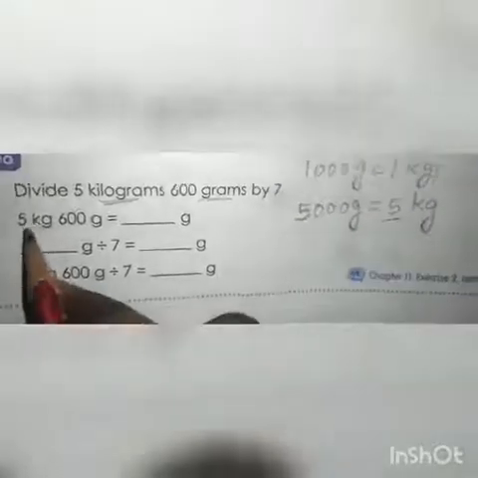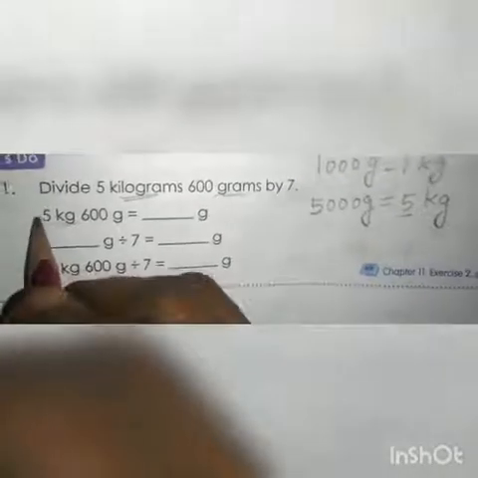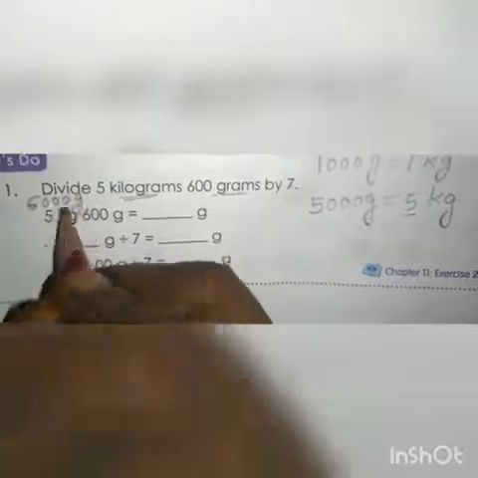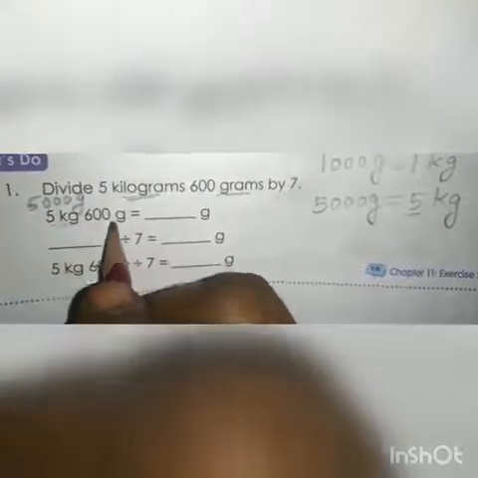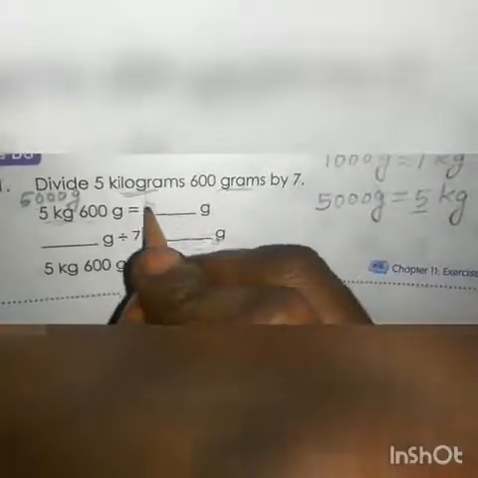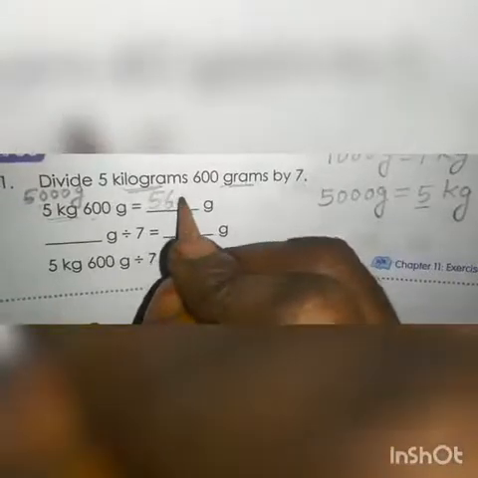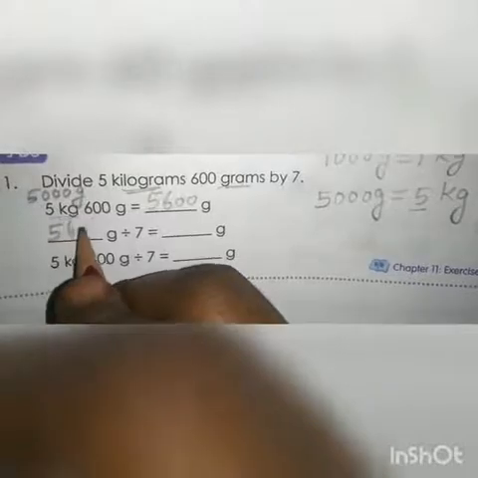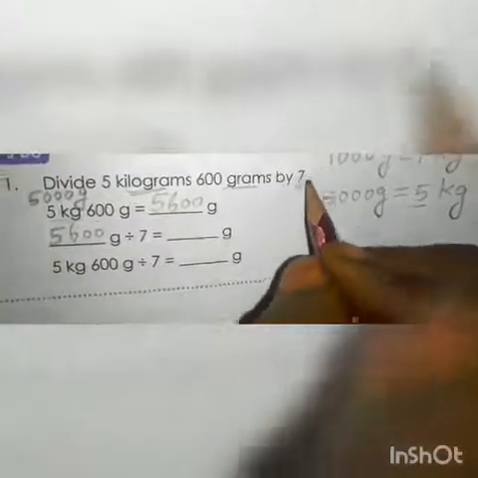So what we have to write instead of 5 kilogram? 5000 gram. So we have to add 5000 gram with 600 gram. We will get the answer as 5600 gram.